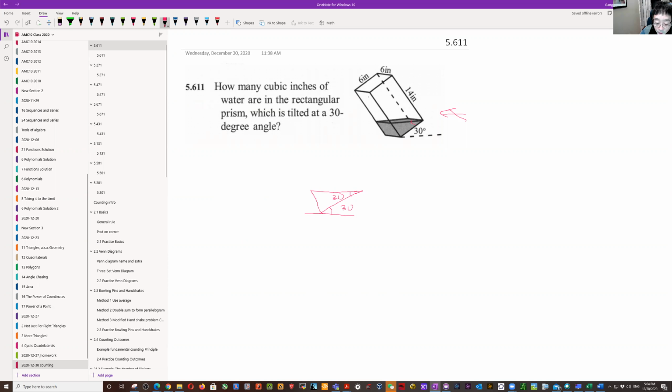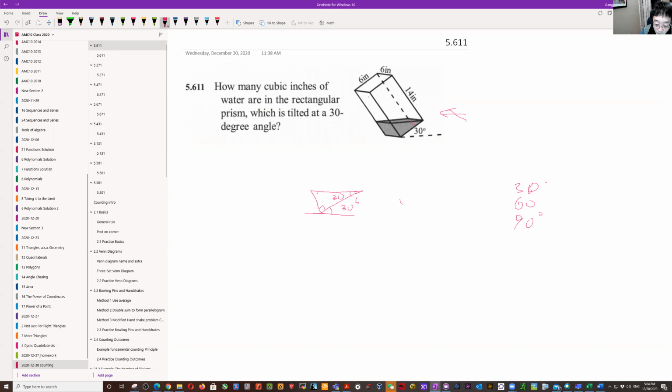And this is a rectangular face, so this has a 90°. So this is a right triangle. Given the right triangle, we know that this is a rectangle, so the 6 inches will translate all the way here. So this is 6. And this is a 30, 60, 90° triangle.